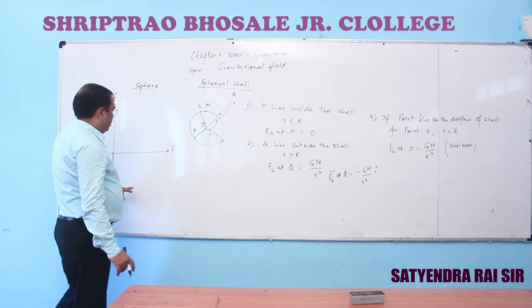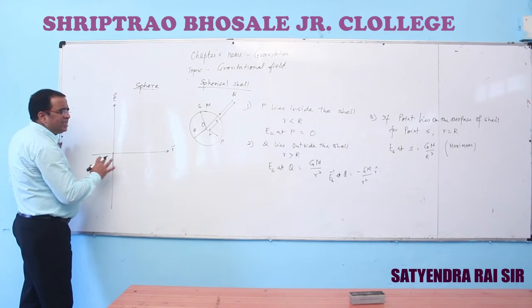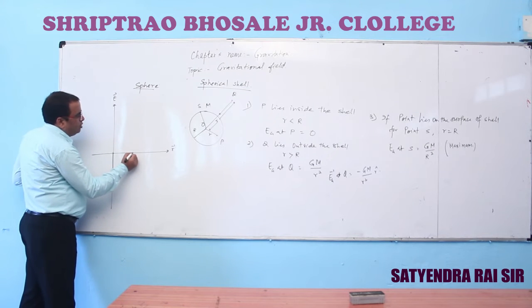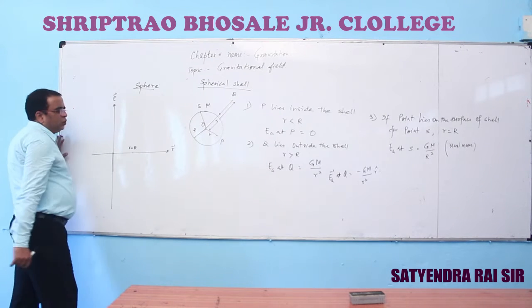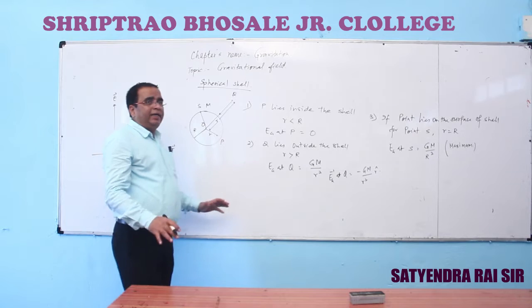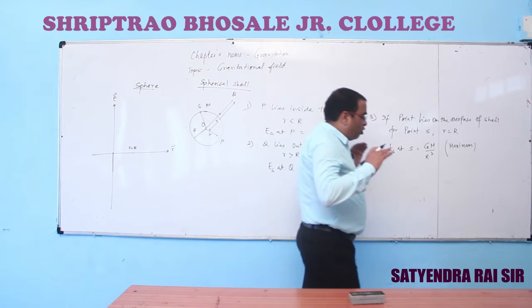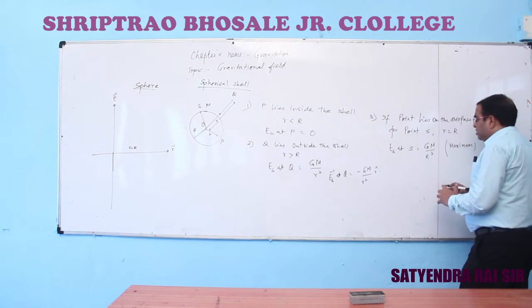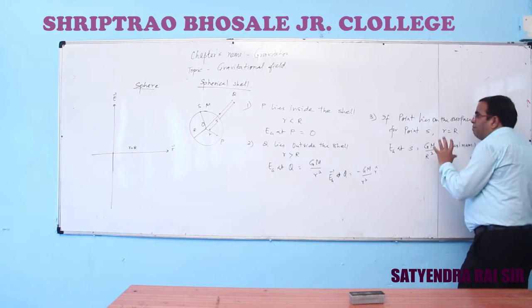So, how to plot the graph? It is 0 inside, that means from R equals 0 to R equals capital R there lies no field. The moment we reach the surface of the cell, we see a maximum field.